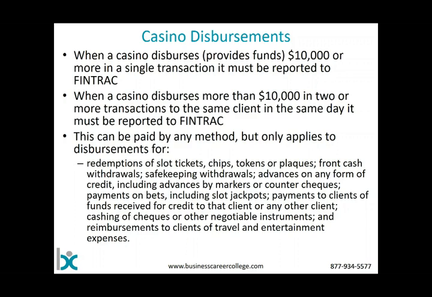Also, it applies to when a check is being cashed or any other negotiable instrument is being cashed. So again, just to review this, we're looking at $10,000 or more in one or more transactions in a casino, but it can be dispersed in any form.